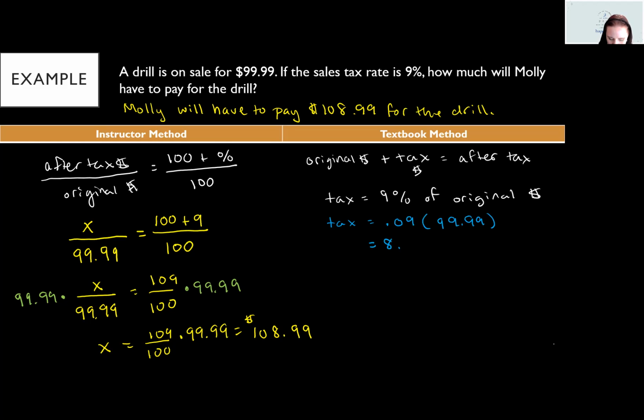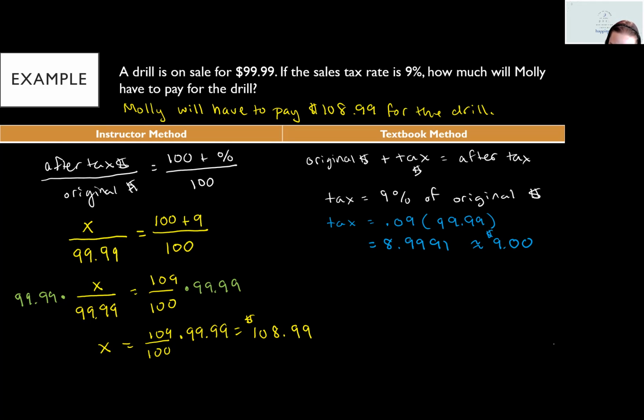And so we get 8.9991. And this is dollars, so this is rounding to about $9. Then you go back to your formula, original amount plus the tax amount equals after tax.